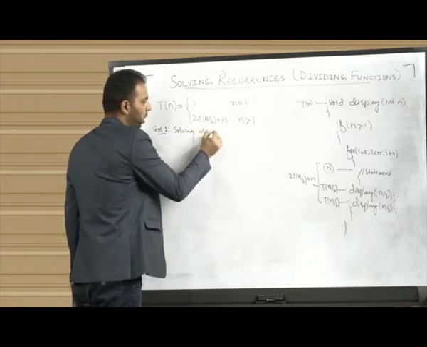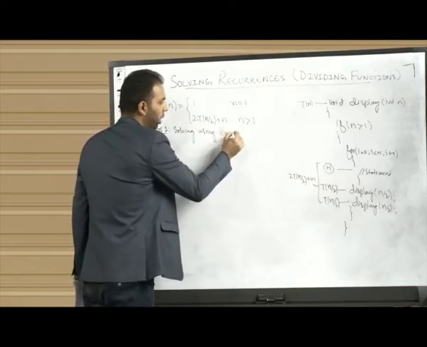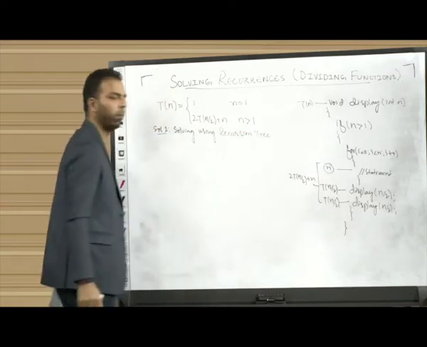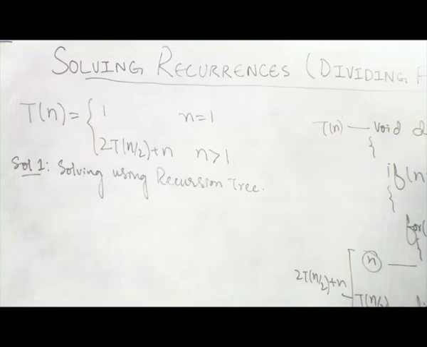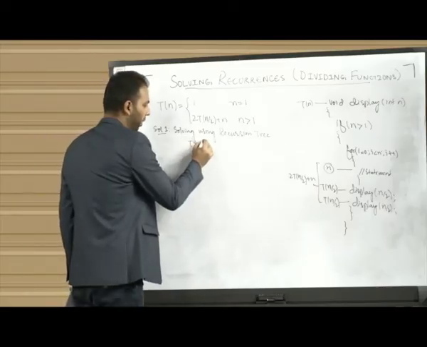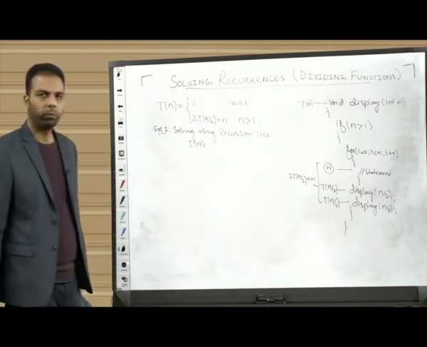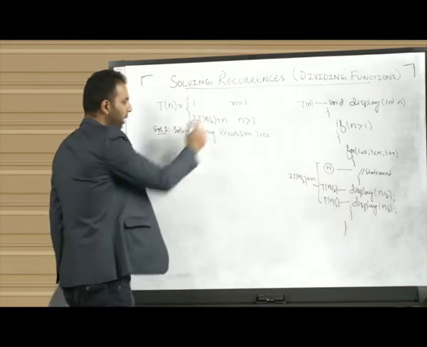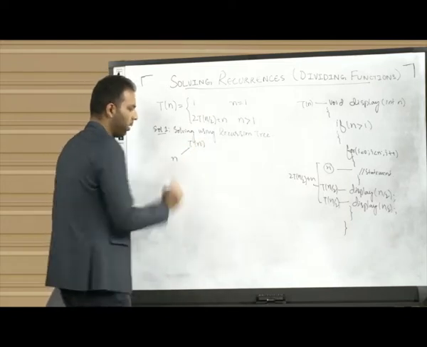Fine. So now we'll be solving this recurrence using the recursion tree method. So how will our recursion tree look? At the top it will be t of n. Then first it will print n times.